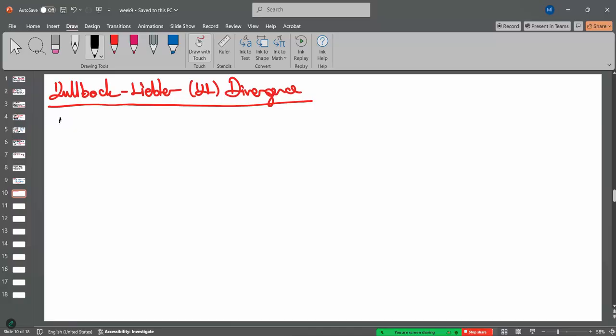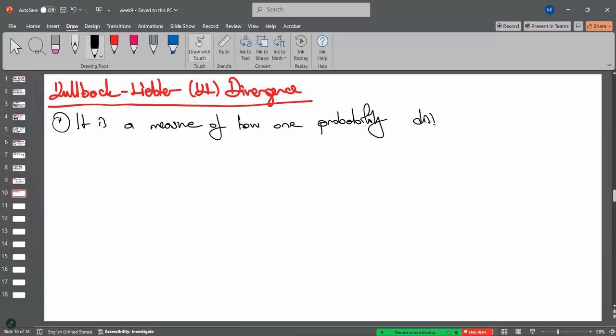Okay, and so it is a measure of how one probability distribution diverges from a second, expected one. In Turkish.